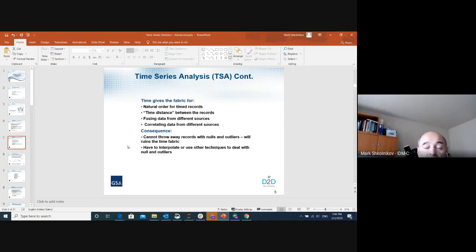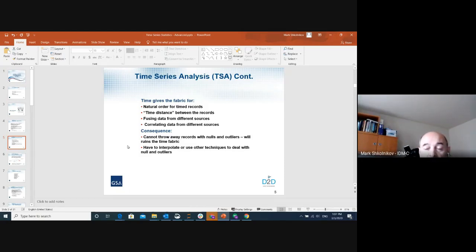Also, the timed records are in some natural order, and if you use two timed records together, then you can correlate them, and this opens very powerful ways to analyze the data. However, the consequence is you cannot throw away records without ruining the time fabric.